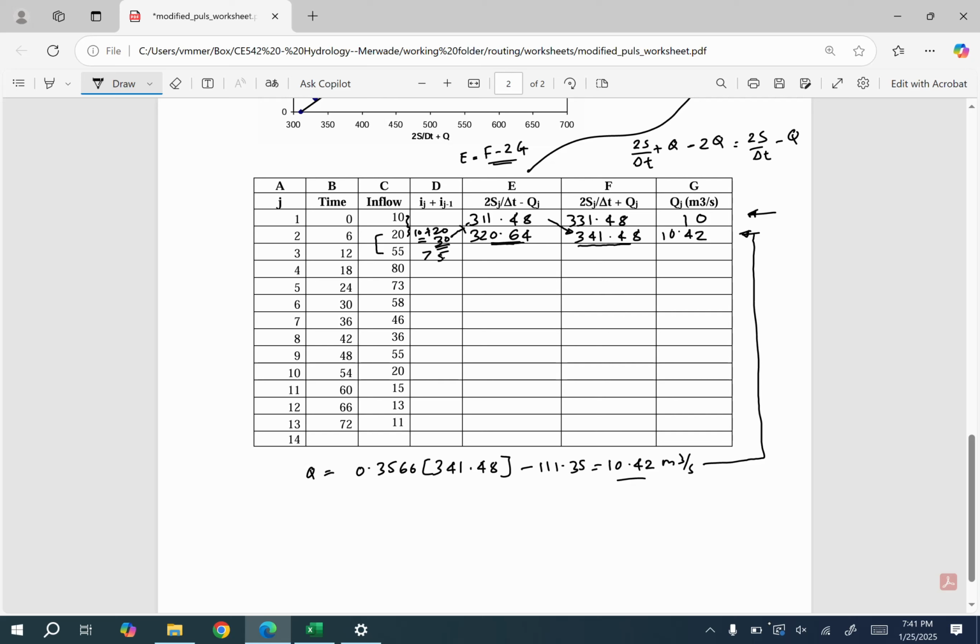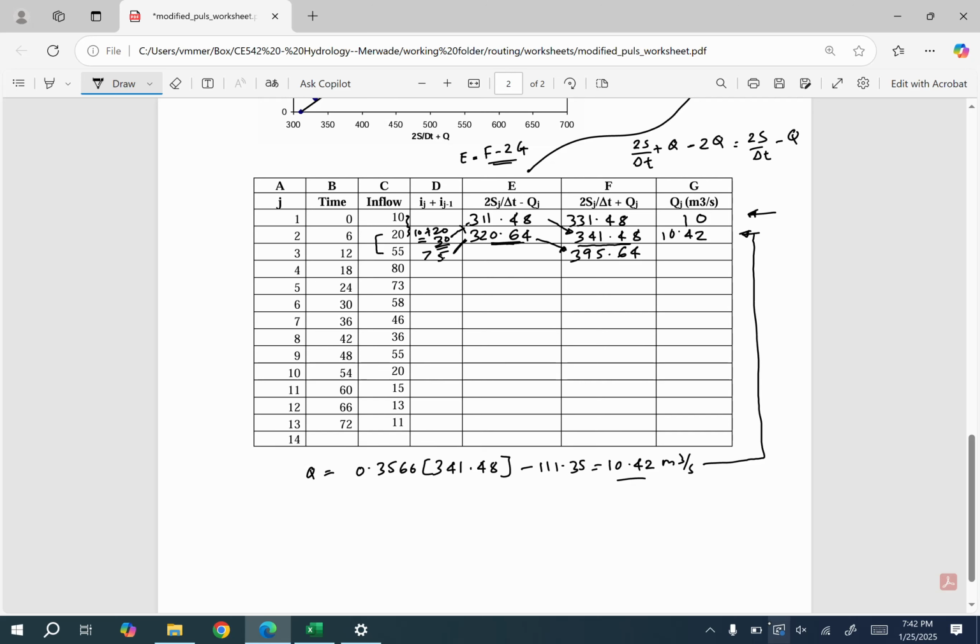Once we get 320.64, I will add 75. So 75 is our Ij plus Ij minus 1, and 320.64 is our 2Sj minus 1 over delta t minus Qj minus 1. We will add these two values to get this value here. So 320.64 plus 75 will be 395.64.